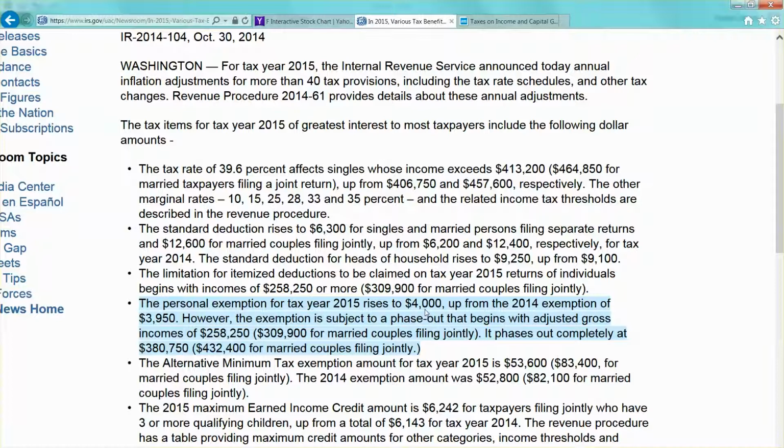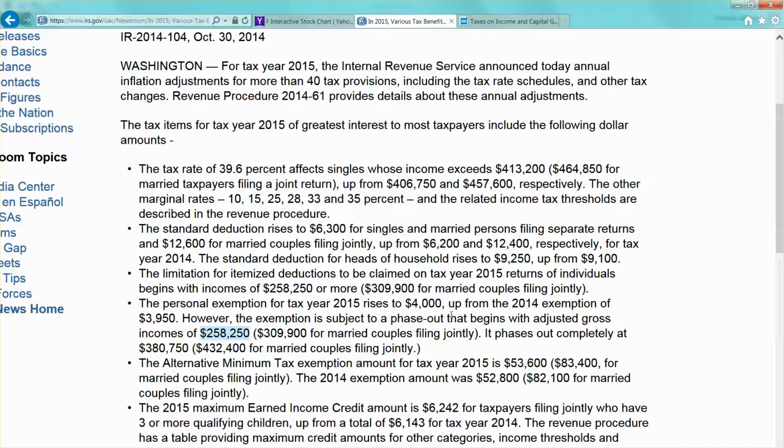If you're married, both you and your spouse can claim an exemption. Again, there are rules that have to be met that I'm not going to go into. You can see that's gone up by $50 from 2014. But this exemption phases out the more money you make. After you reach a certain point, you won't be able to claim this exemption, but it does require fairly high income levels before it phases out.